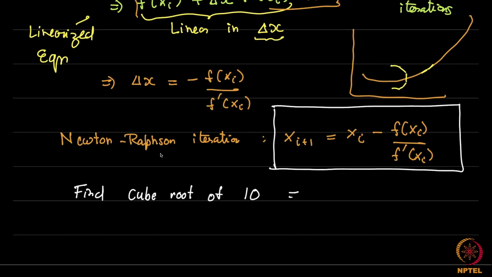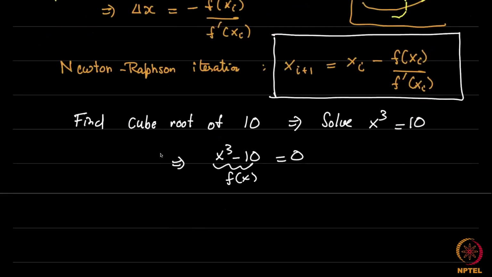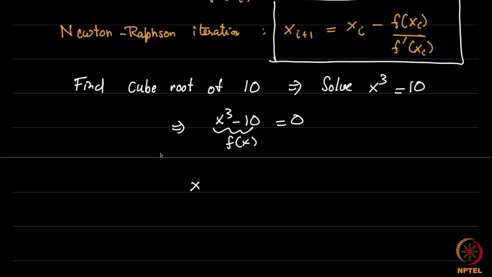This means solve x cubed equals 10, which means solve x cubed minus 10 equals 0. So this is our f of x. Our iteration is going to be x_{i+1} equals x_i minus f of x divided by f prime of x, and f prime of x here, of course, is 3x squared.